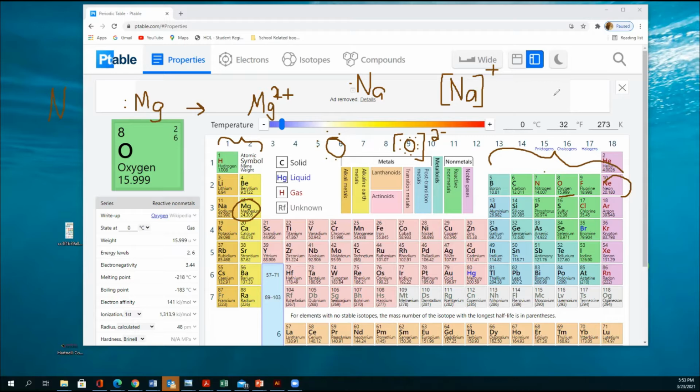So all of these guys, because they have the same number of electrons as neon, are isoelectronic to neon.